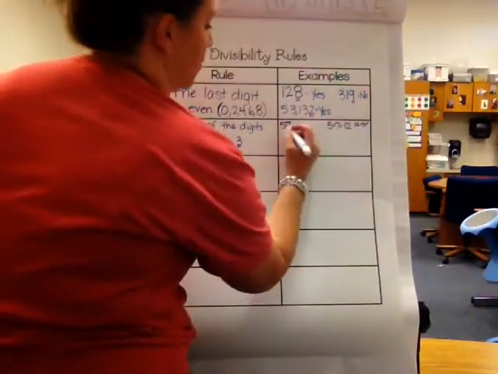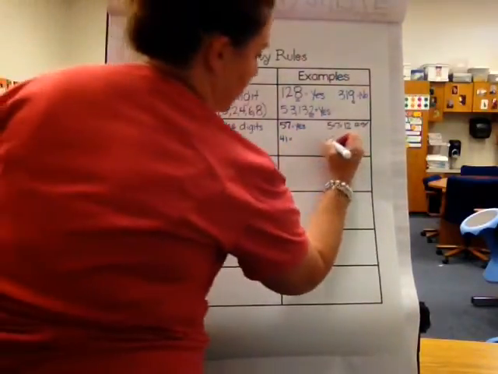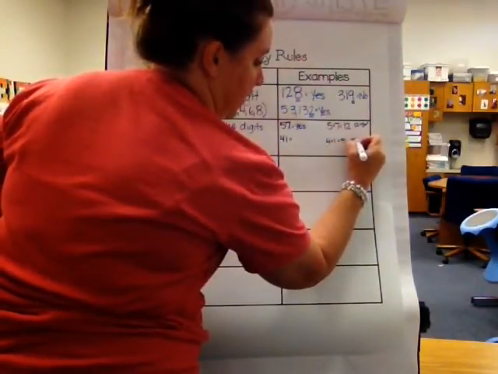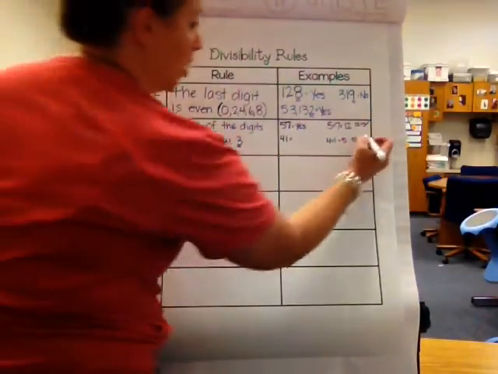Next number, 41. 4 plus 1 is 5. Can I divide 5 by 3? Is it divisible by 3? No, it's not.